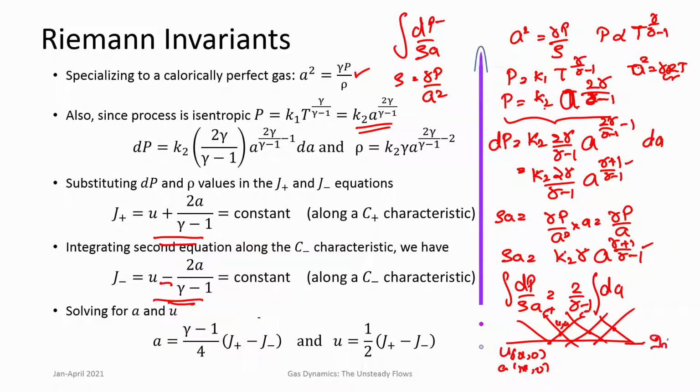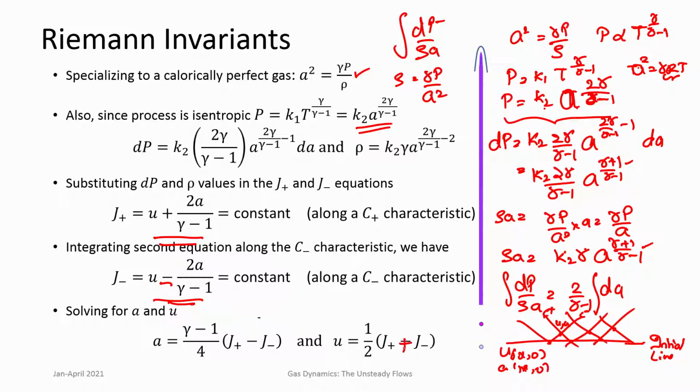So this is the initial line, and at any point you can solve them by just algebraic manipulation, a solution of simultaneous equations. a is gamma minus 1 by 4 times J plus minus J minus, and u is half of J plus plus J minus.